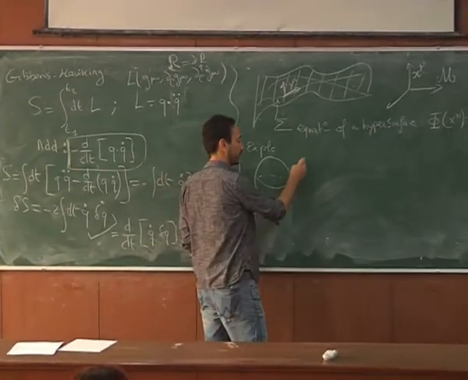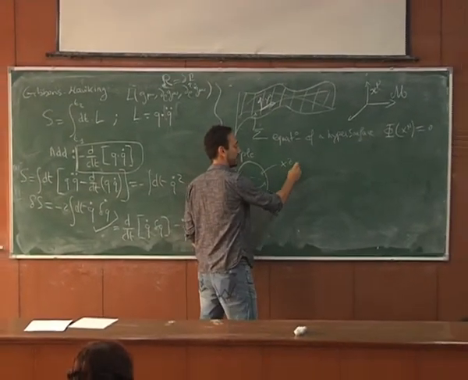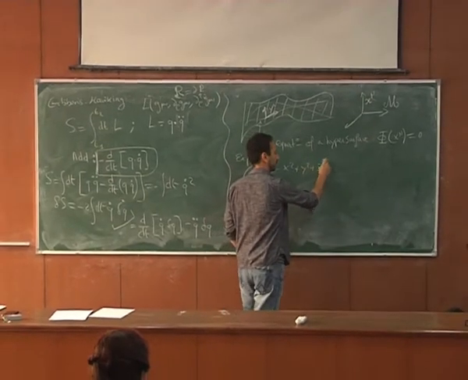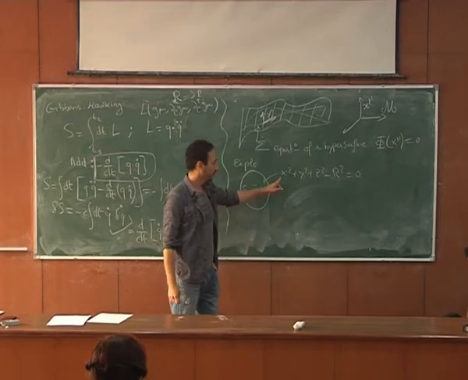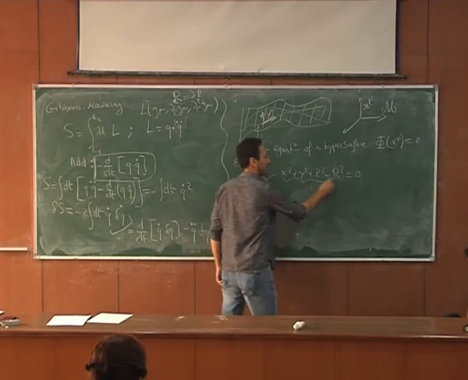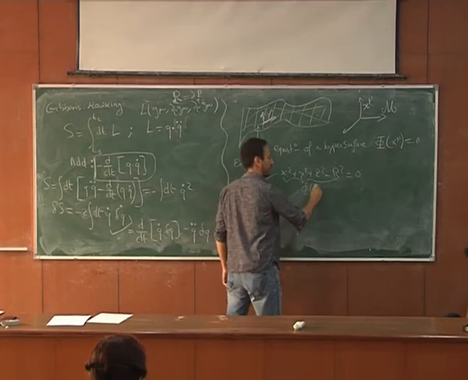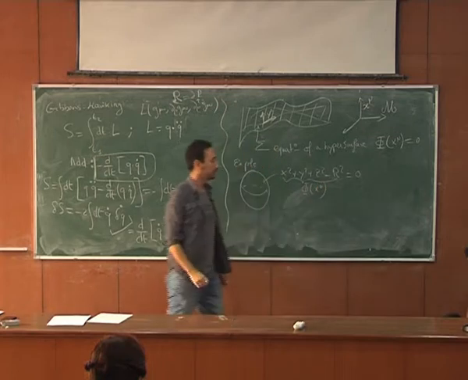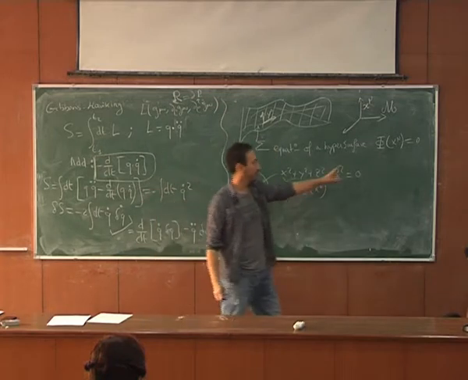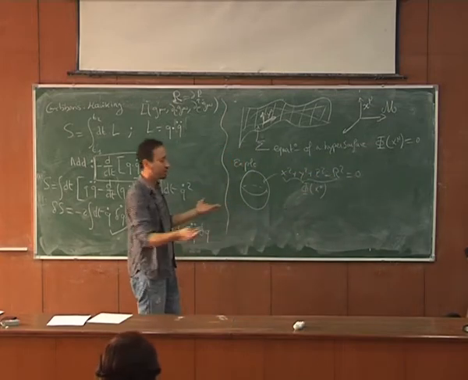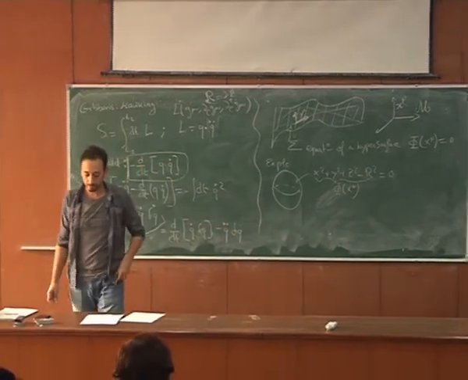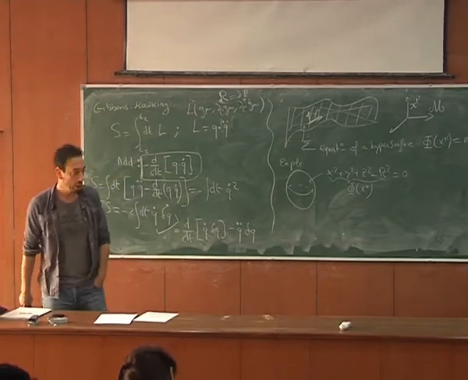The equation of this surface, okay, so this is my constraint on the coordinates. So this is just what I'm writing here. It's some constraint on all the coordinates which defines a hypersurface. So this is one way to see it.